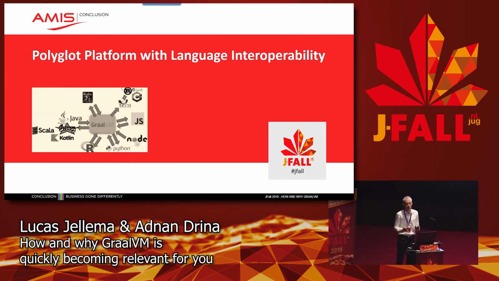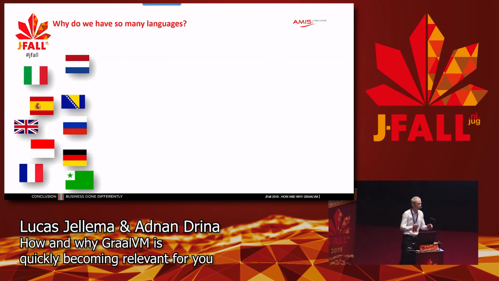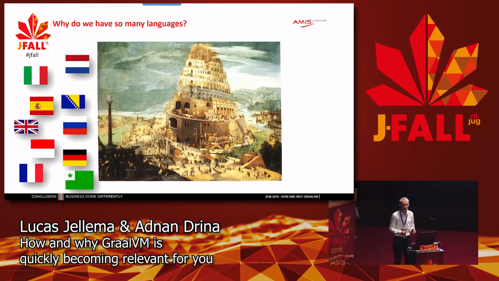So the polyglot platform, language interoperability. Why do we even have so many languages? It's history, well, there are people who think they know, this is the flag for Esperanto, you probably didn't know that. There are people who think they know why we have all these languages. We won't go into discussion, we certainly don't have time for that. But we do have them.